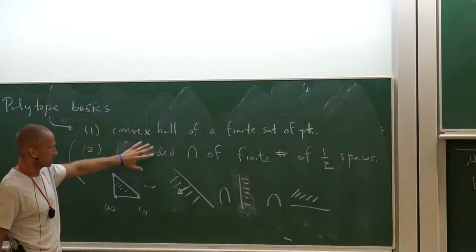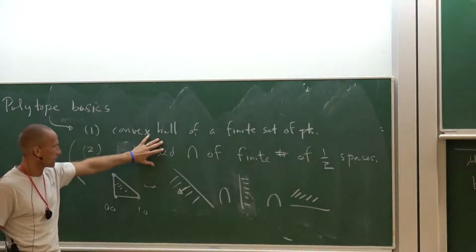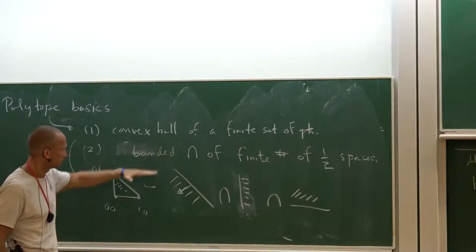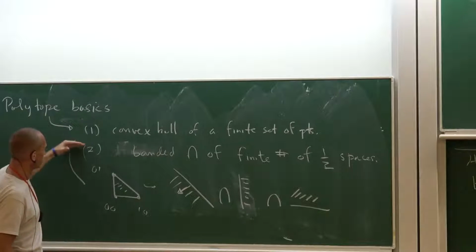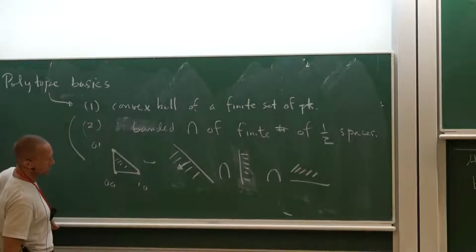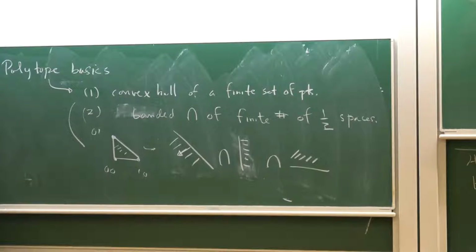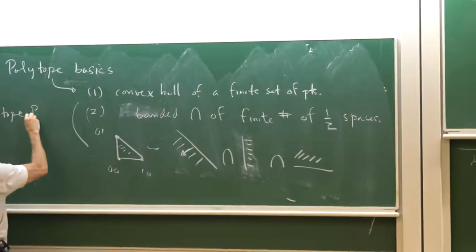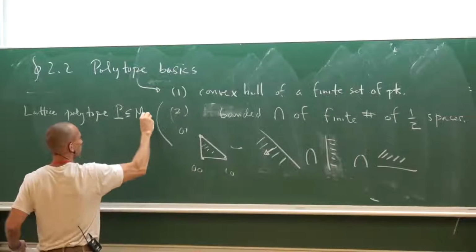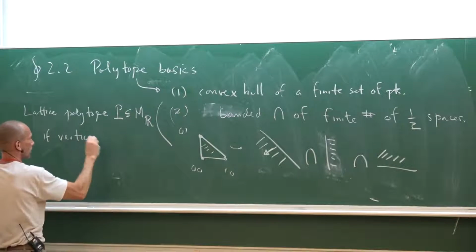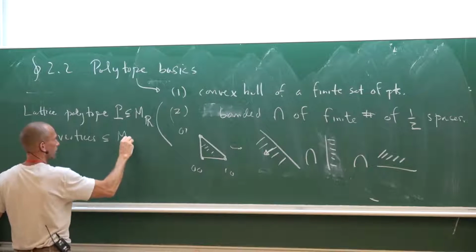So in general, if I just had an intersection of a finite number of half spaces, this is something called a polyhedron instead of a polytope. So the polytope means that you have this bounded edge. So there's two descriptions of what a polytope is. And then a polytope P in M_R is a lattice polytope if it has vertices in M, right?